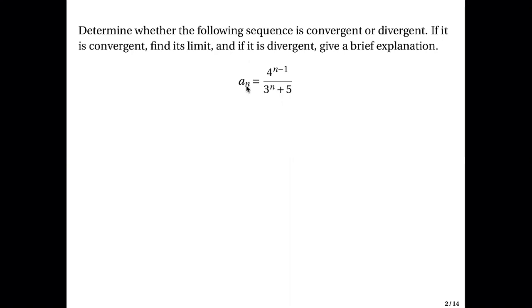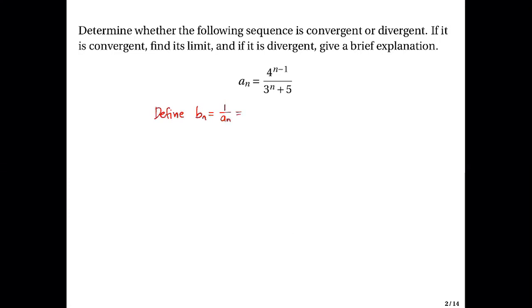So in here we have the sequence with terms a sub n, which is equal to 4 raised to n minus 1 over 3 to the n plus 5. So it looks like this is a geometric series, except that on the denominator, we have a plus 5. So what we're going to do is the following. We define the sequence Bn, which is just the reciprocal of a sub n.